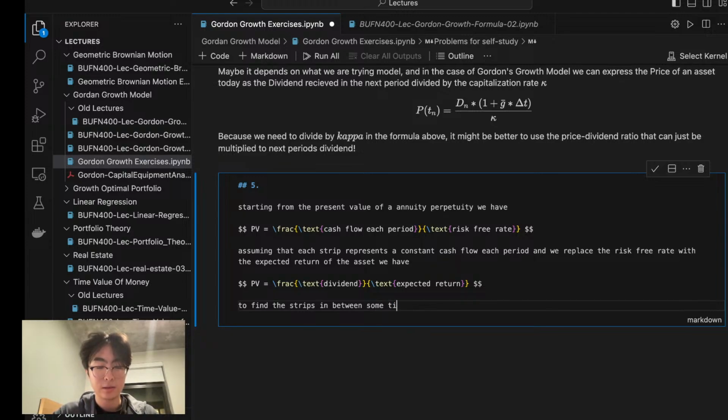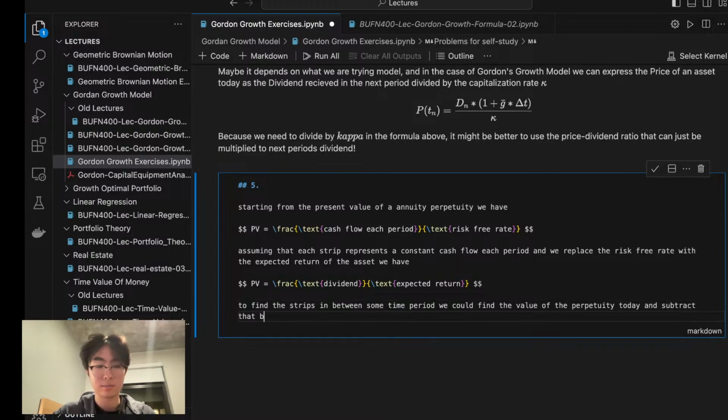To find the strips in between some time period, we could find the value of the perpetuity today and subtract that by the value of the perpetuity in 20 years.